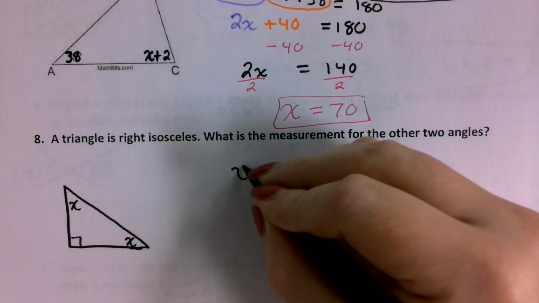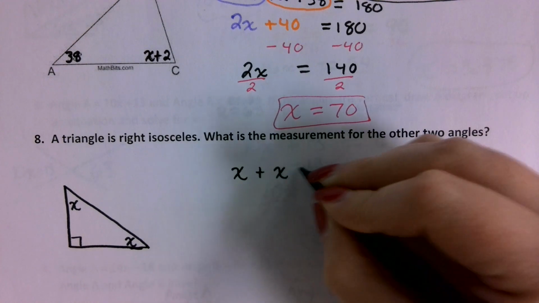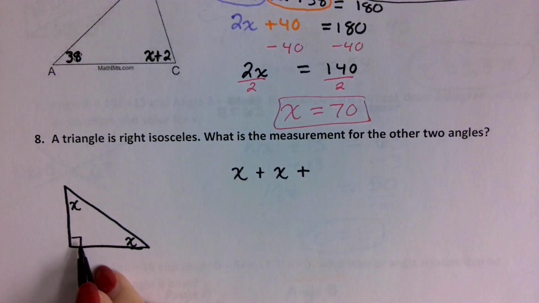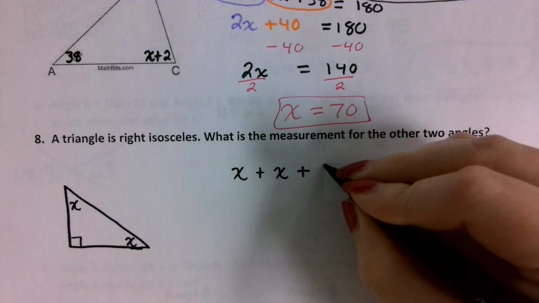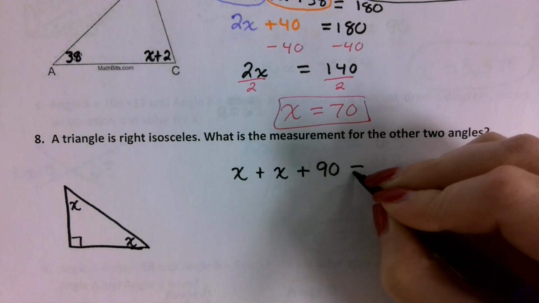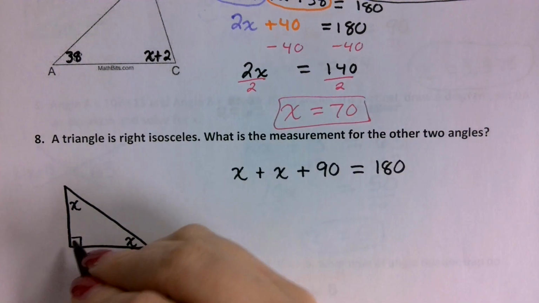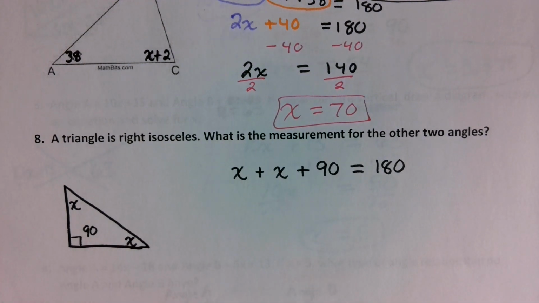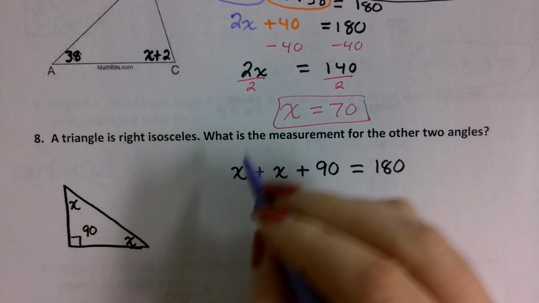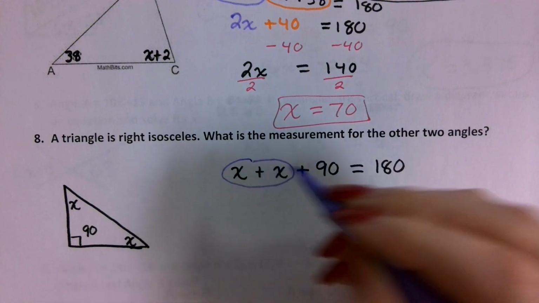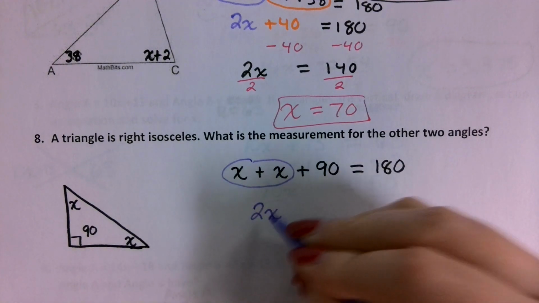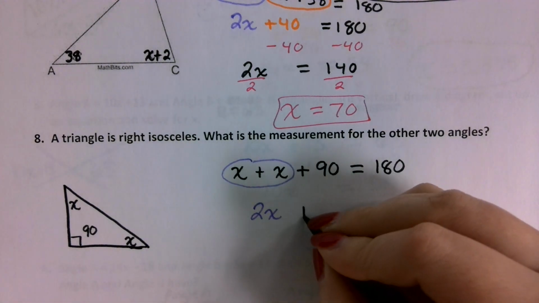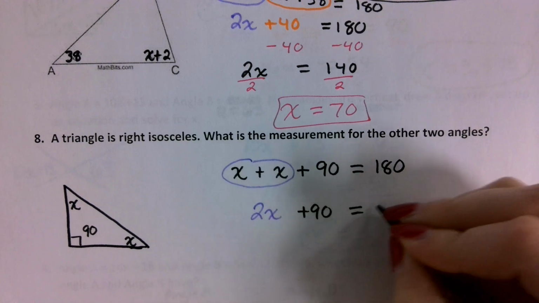We can set this up as x plus x plus, what is this going to be again? 90. This is 90 is equal to 180. Again, this right angle is 90 degrees. So when I combine my x and x, I get 2x. So I have 2x plus 90 is equal to 180.